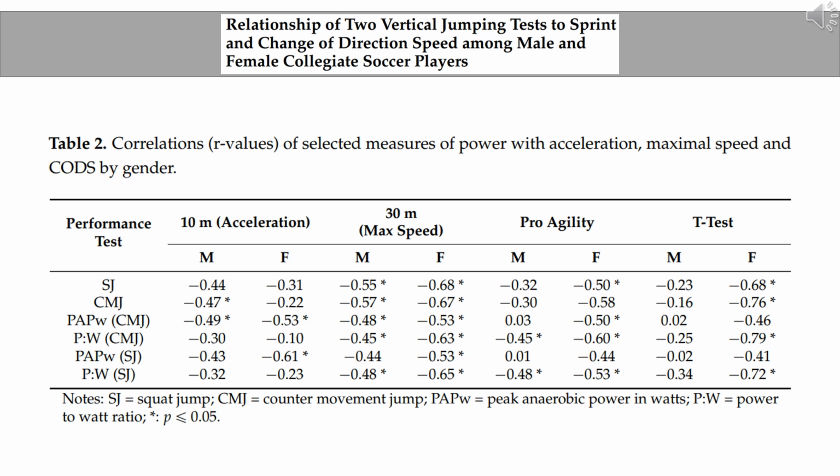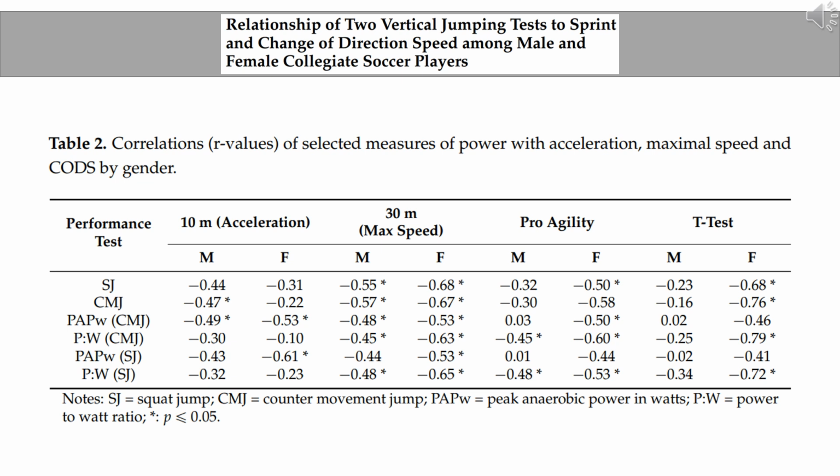And then if we collectively scan the R values for both change of direction speed tests, it's similar. -0.45 being our lowest meaningful correlation, but this time extending up to -0.79 and -0.76.